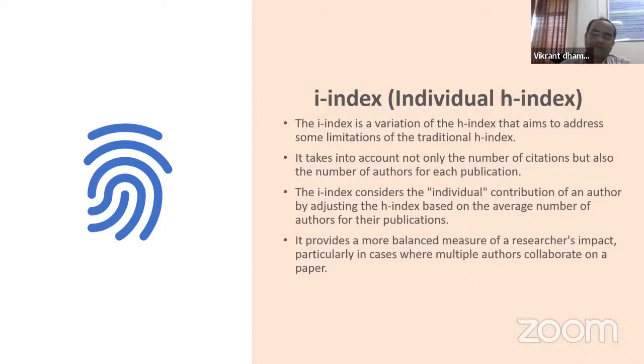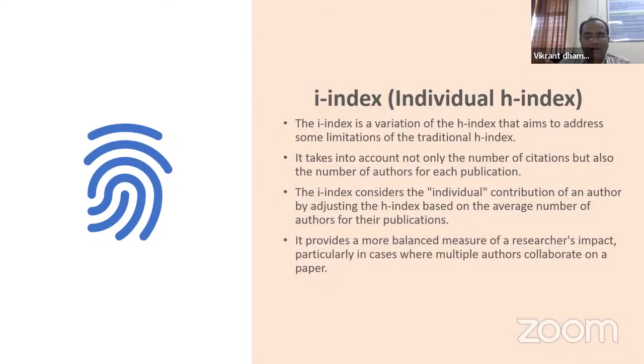When you communicate the paper for publication, the journals ask what kind of contribution each author has. There might be multiple authors, each with a separate contribution. That contribution is calculated for the I index, so it is the individual H index.